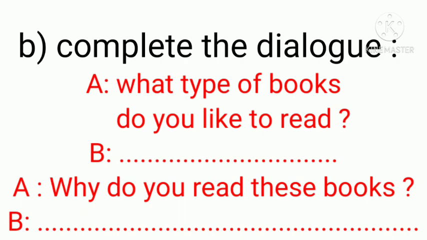We have to write those answers and complete the dialogue. A said, what type of books do you like to read? The answer of B is blank. Then again A asks, why do you read these books? Again the answer from B is blank. So here we have to write the proper answers to the given questions in order to develop the complete dialogue.